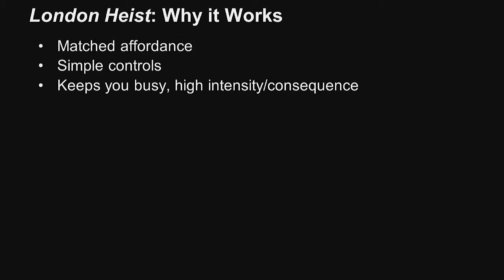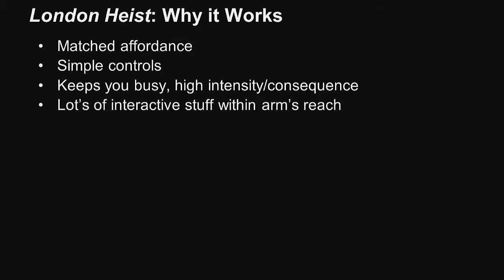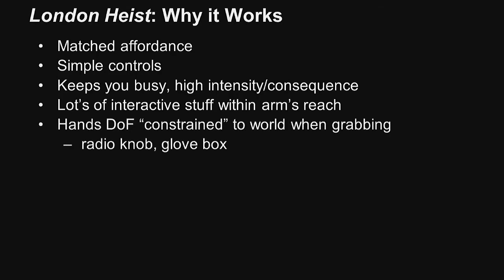There was a talk about this at SIGGRAPH a couple days ago, about how having high stakes makes people more engaged. There's lots of interactive stuff within arm's reach, like the dials, and you can actually open the door of the car. One of the really interesting things is when you go to grab the dial and turn it, your hand actually moves into the reference frame of the dial at that moment.